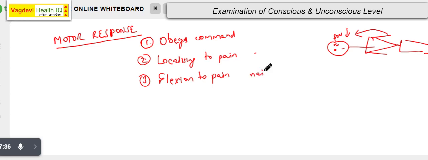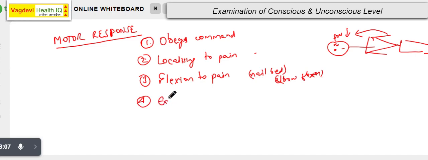What will you do? You will put pressure on the nail bed with a hard blunt object. So what will happen? Elbow flexion. If it is happening, then you have to tell that it is a flexion to pain. This is the response.